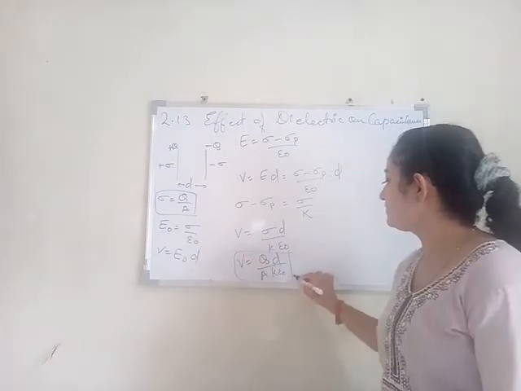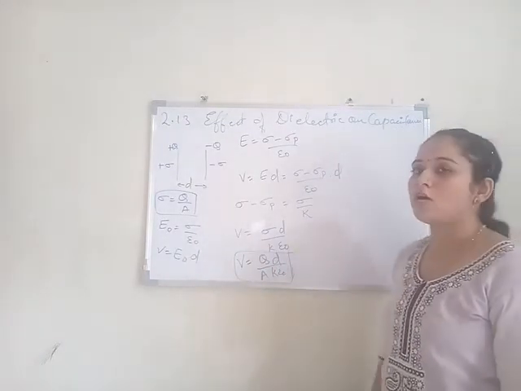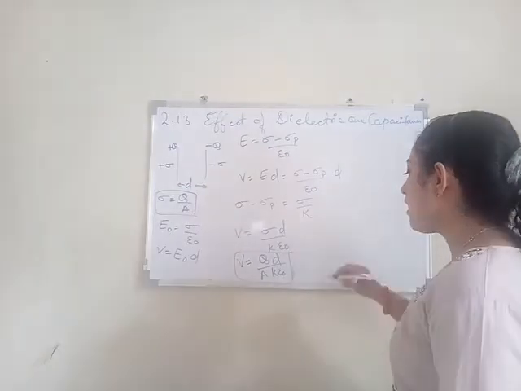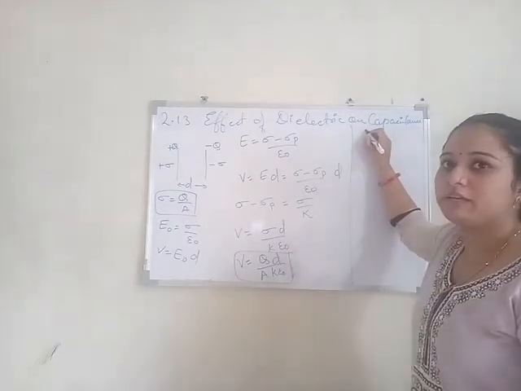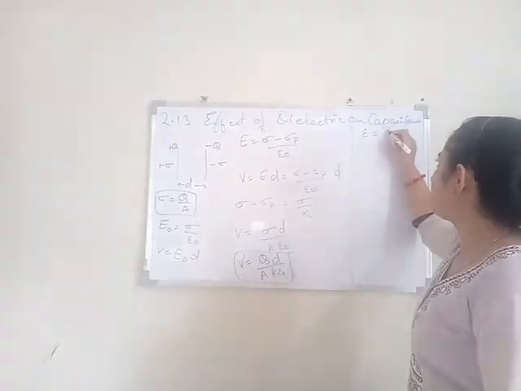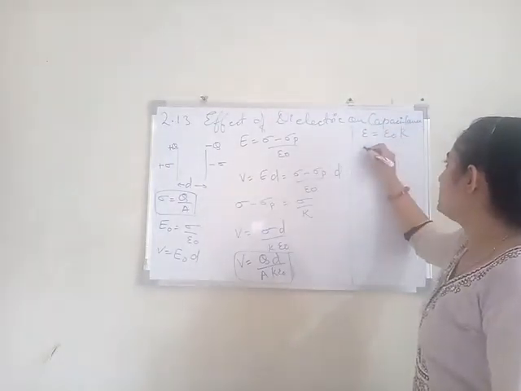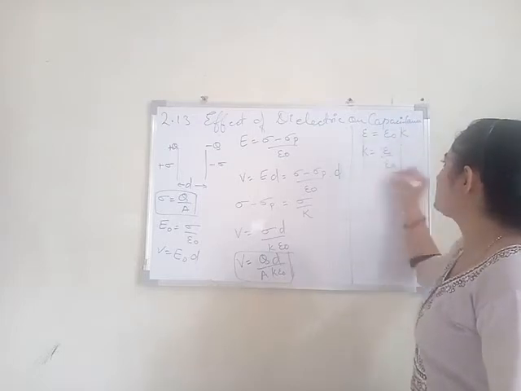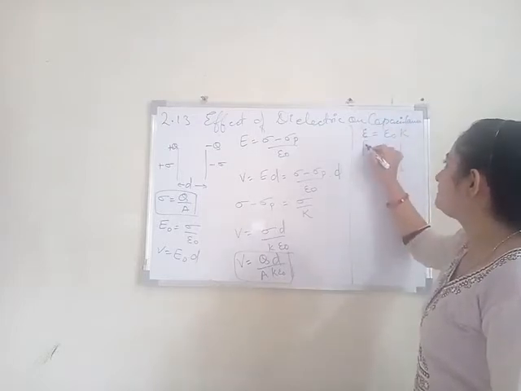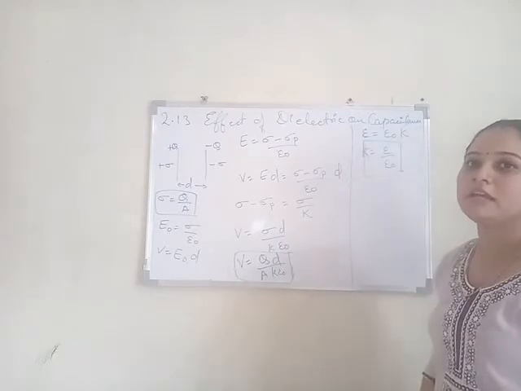Now this is the formula of V. Also, epsilon is the permittivity. Epsilon can also be written as epsilon 0 K. So this K will be equal to epsilon upon epsilon 0, where epsilon is the permittivity of any medium.